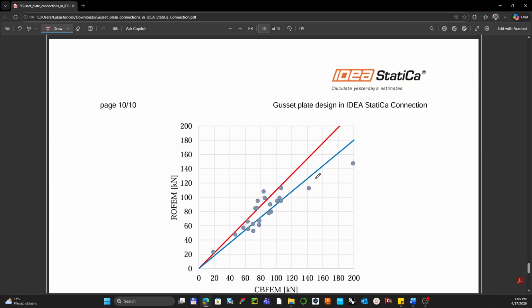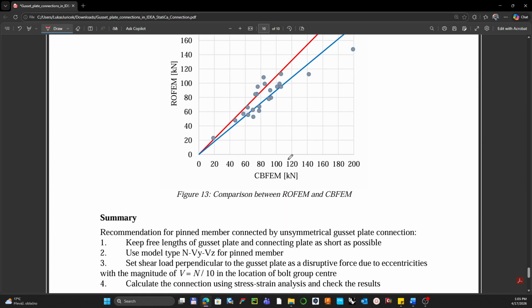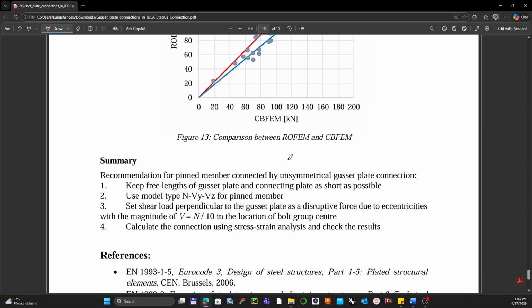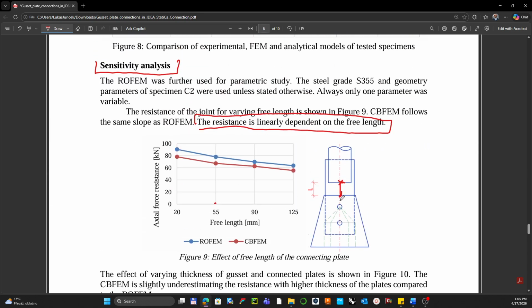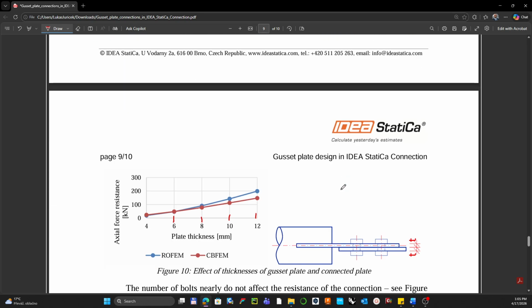So we are approaching the final conclusion and final recommendation for IDEA StatiCa connection and eccentric gusset plates. The recommendation for pinned members connected by unsymmetrical gusset plate connection: again, keep the free length of the gusset plate and connecting plate as short as possible. This is the part that is discussed in this section.